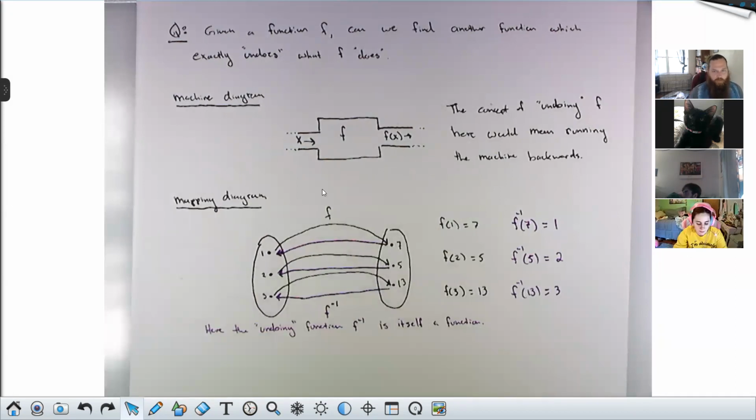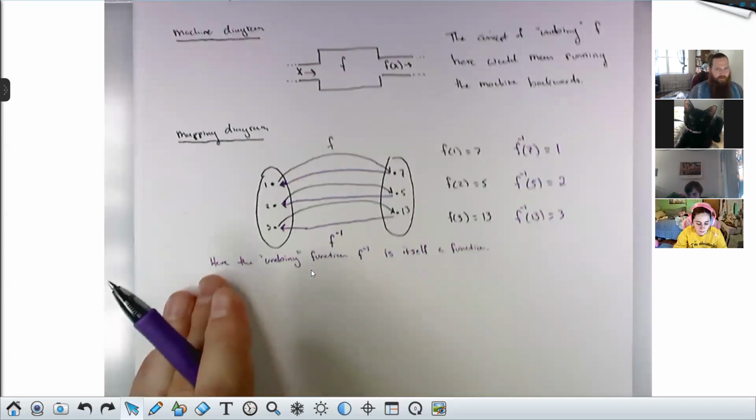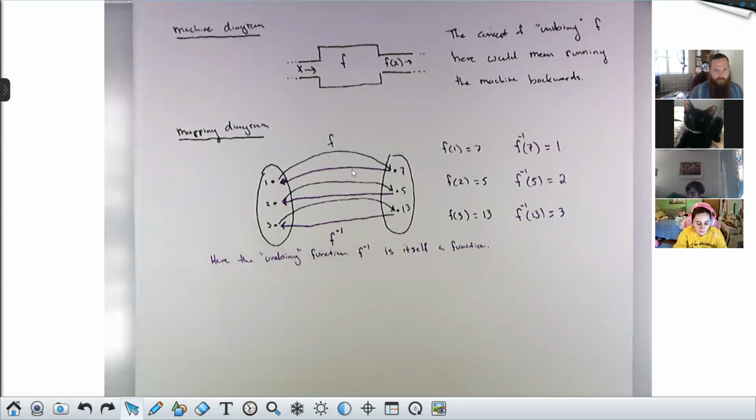And each input over here, if you think about this as an input for the inverse function, gets sent to only one output. And that's because the original function was kind of nice. It's not the add 3 function, but it's doing that same sort of thing where every input goes to one and only one output.